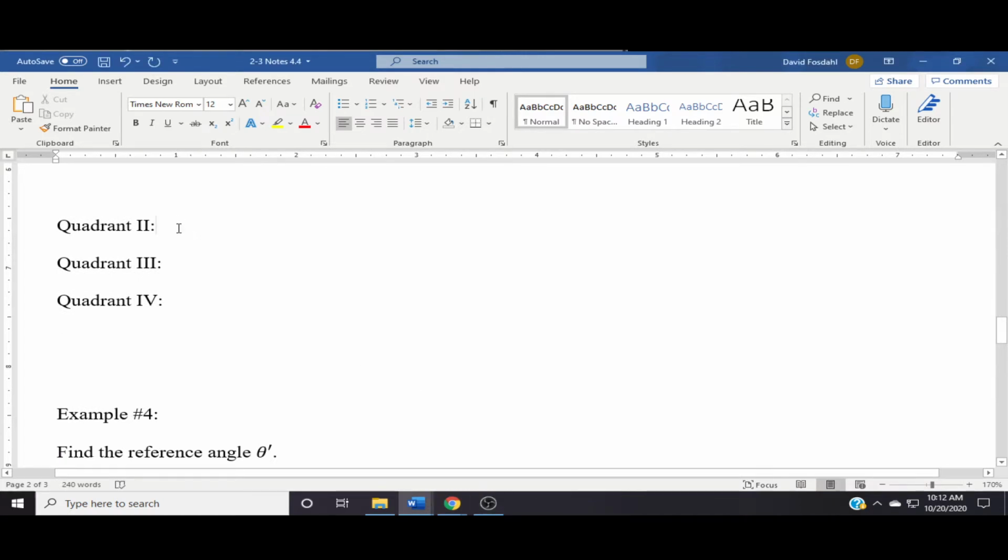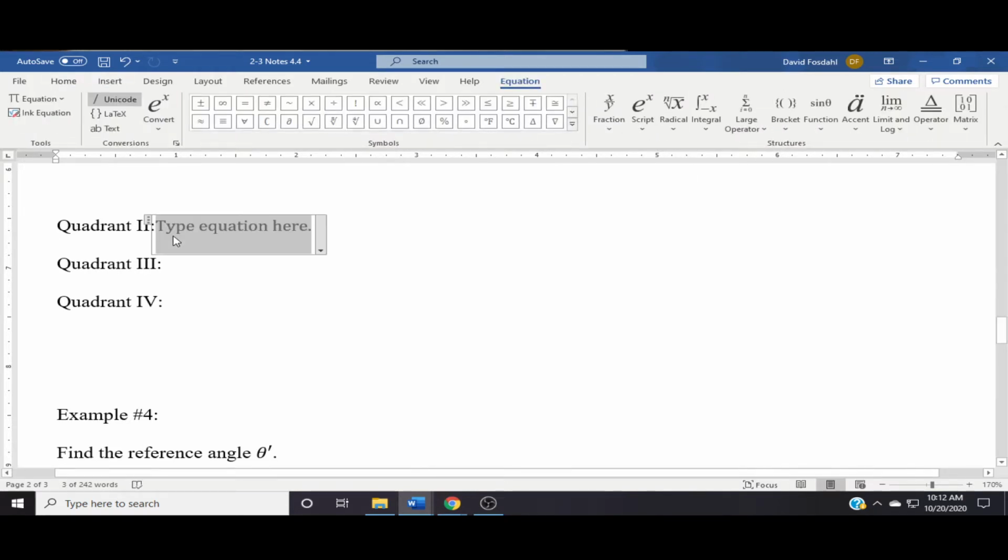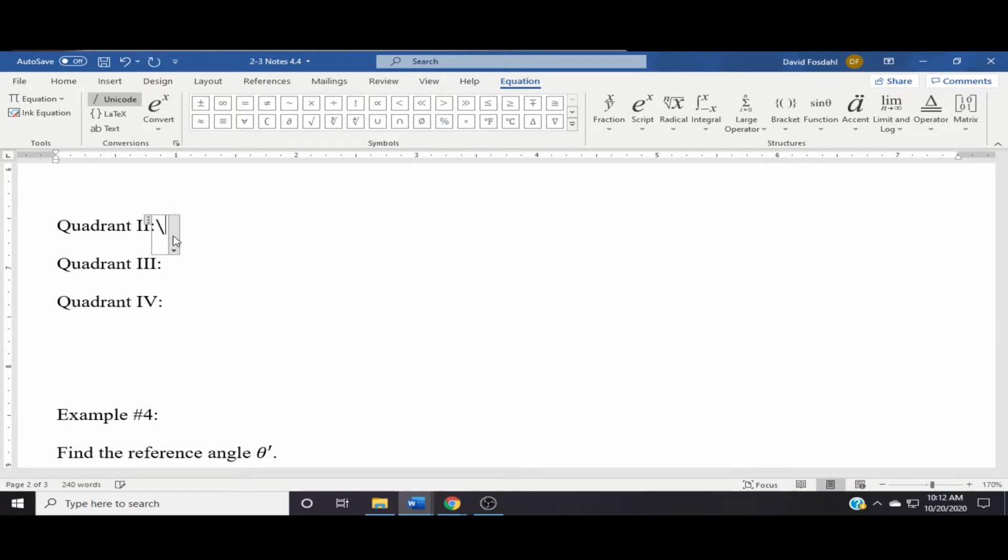Okay, quadrant 2. How do we find the reference angle in quadrant 2? Well, the reference angle theta prime will equal pi minus theta, or will equal 180 degrees minus theta.